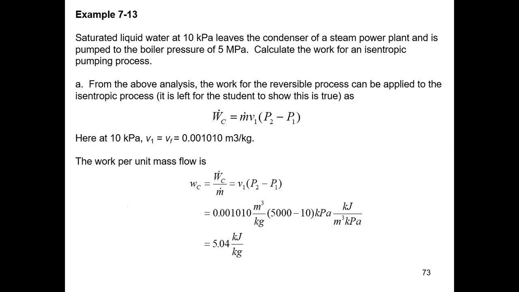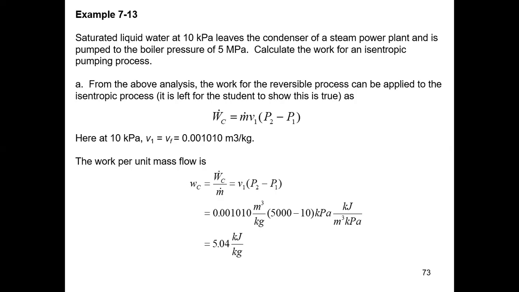From the above analysis, the result for the reversible process can be applied to the isentropic process. It is left for the student to show this is true. W dot compression is equal to m dot V1 multiplied by (P2 minus P1), where m dot is the mass flow rate.